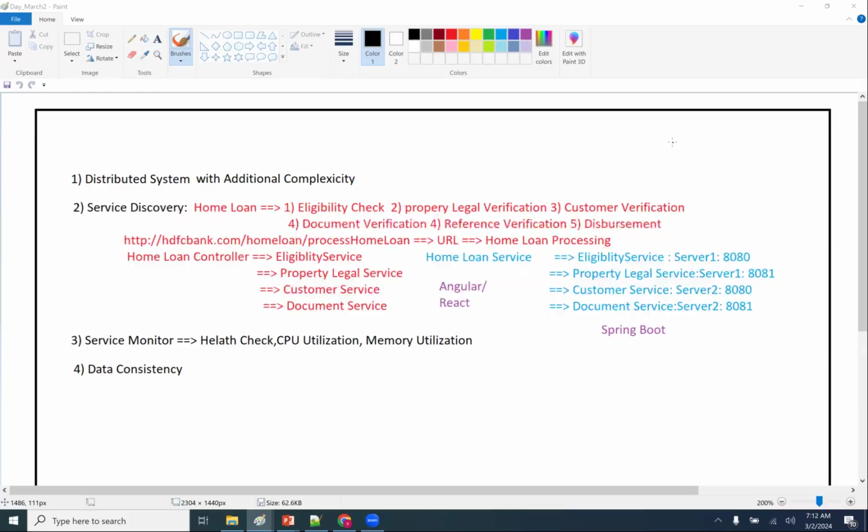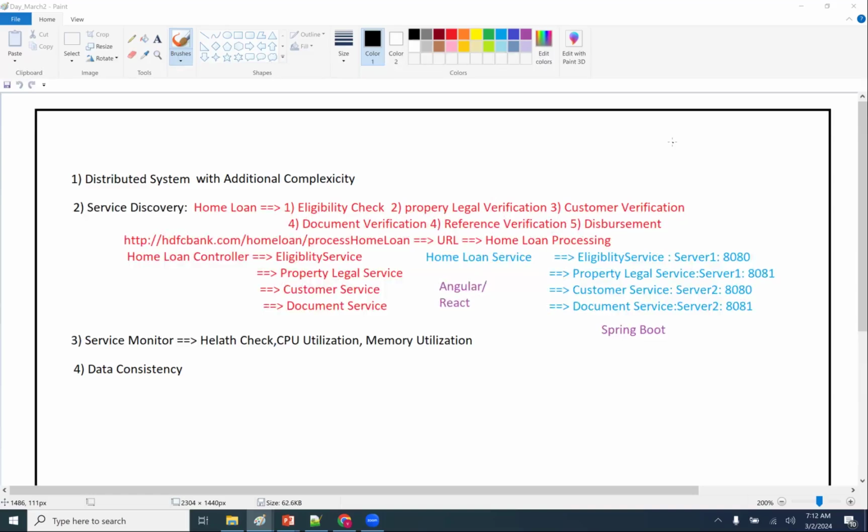But in microservices, we are going to segregate into a number of servers, or maybe the same server, and we need to distribute our architecture. Previously it was a local call, now it's a network call. It may be on the same server or on a different server. That's the first point.